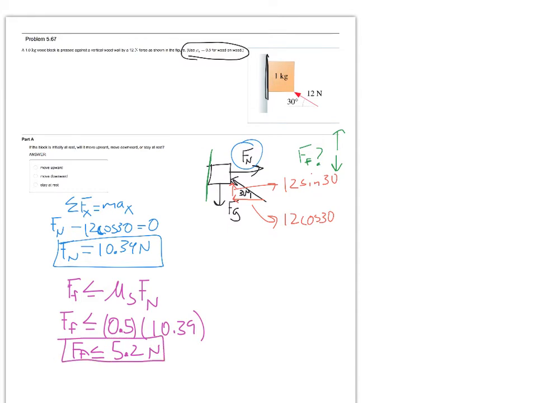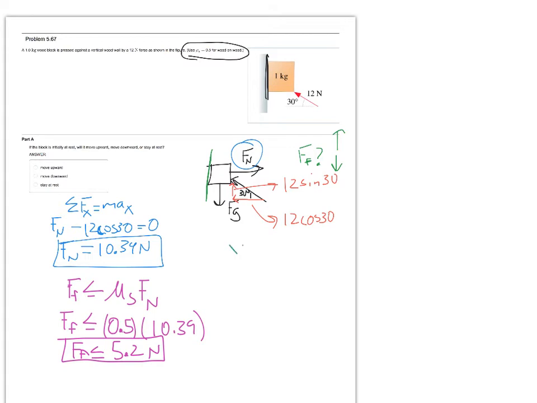So what I need to think about now, knowing that my force of friction can be up to 5.2 newtons, and it can act in either direction, up or down, but that's the most amount of friction I can possibly have. The question is, is that enough friction to keep this object at rest? So let's think about what forces we have vertically acting on the object.